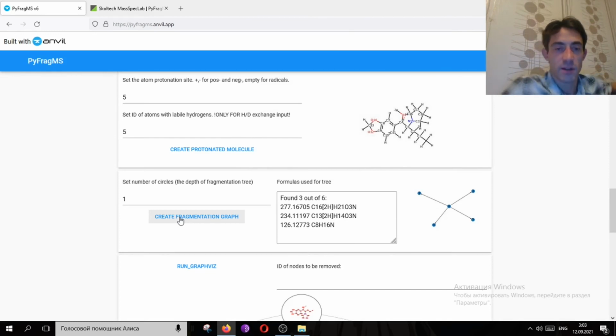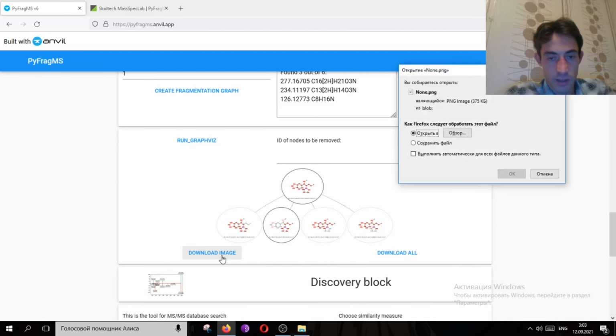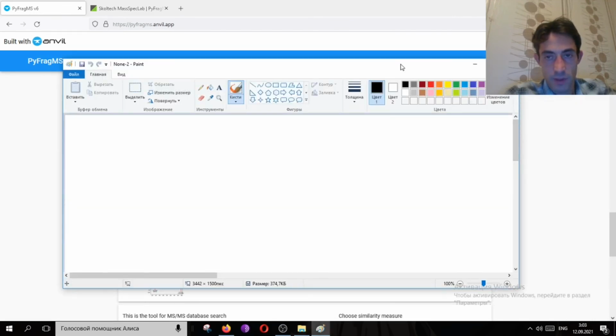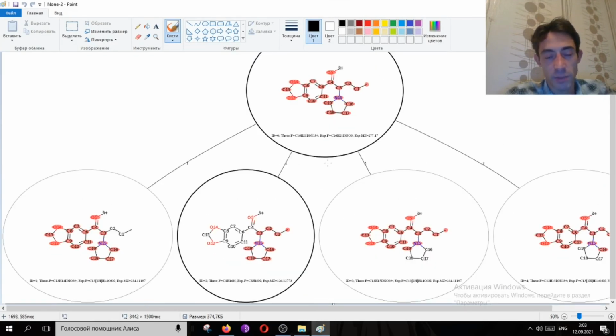you see the considerable decrease of fragments. Why was the number of fragments decreased? Because now we are explicitly using information from the hydrogen deuterium exchange experiments.